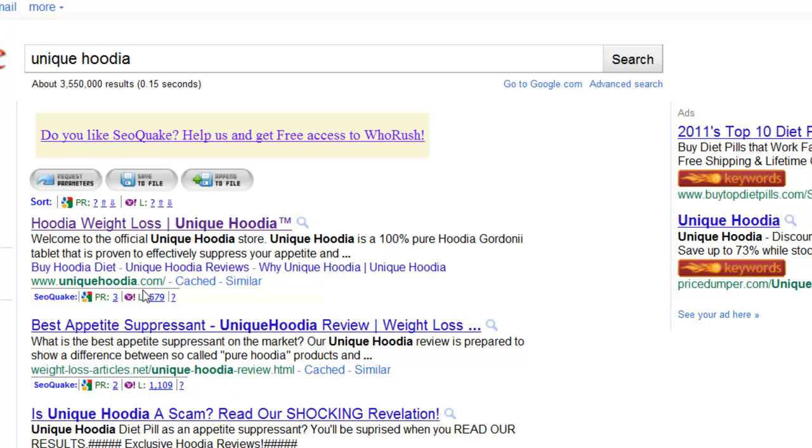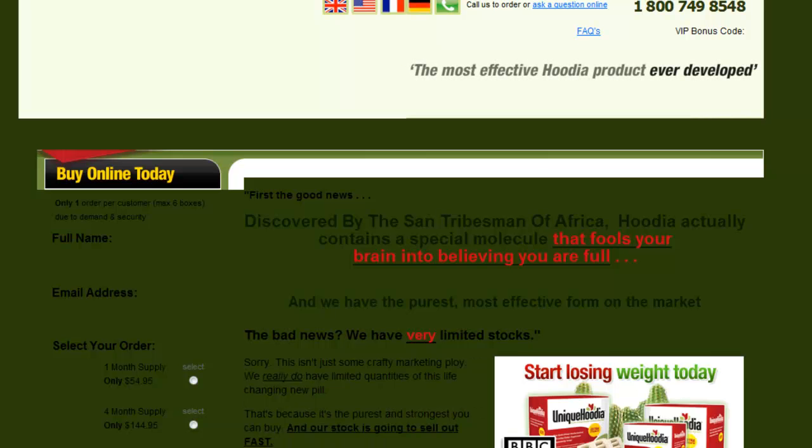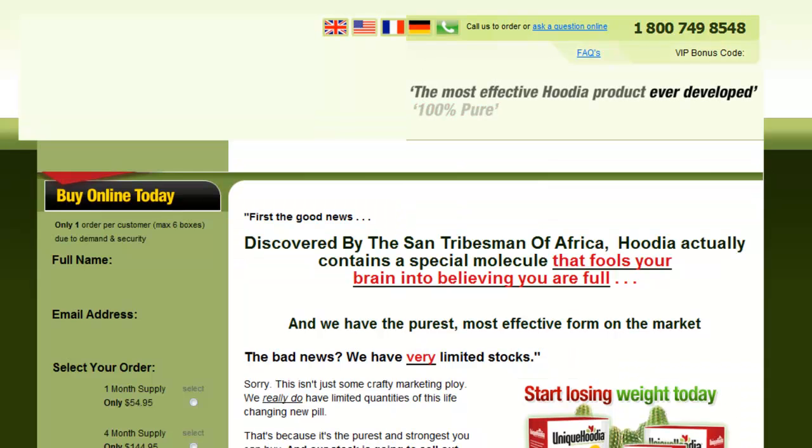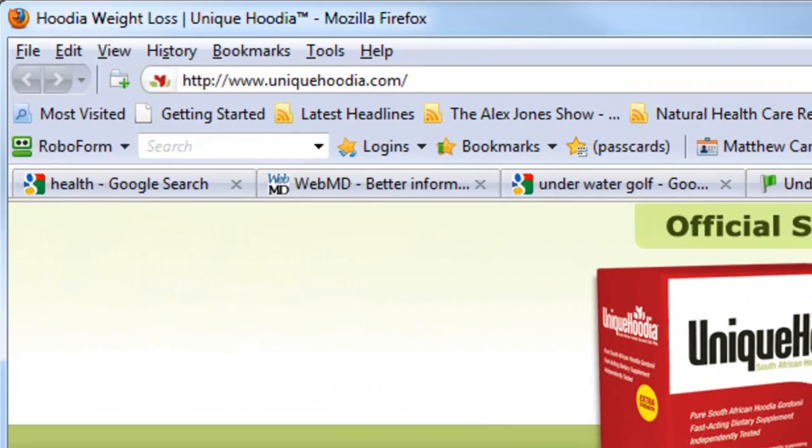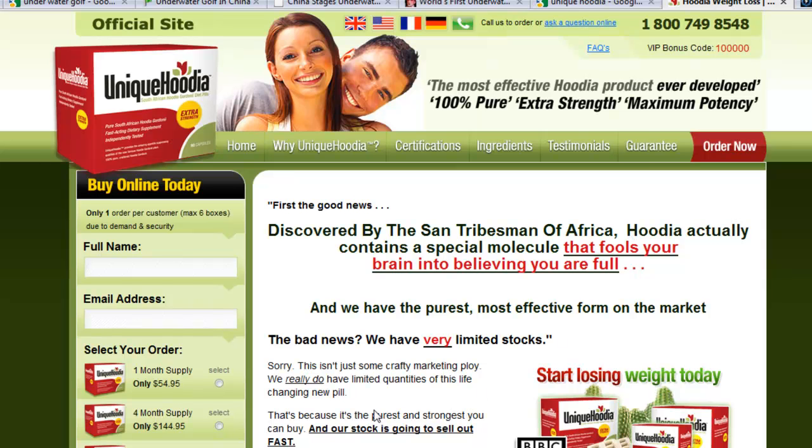However, of these 579 backlinks, I need to work out how quality are these links? How targeted are the backlinks? Will they have unique hoodier as their anchor text or not? So again, just to push the example further, I really need to open up the site and look at the page and work out, are they really targeting unique hoodier? And you can safely assume they are by just looking at the domain. But again, in the title tags, it has unique hoodier, and they have unique hoodier on the page.